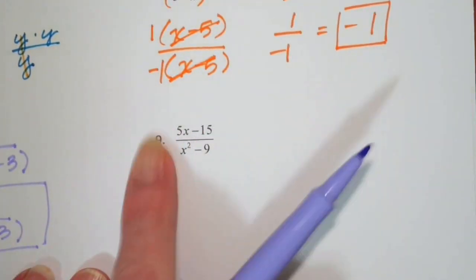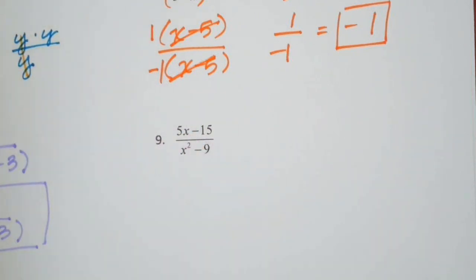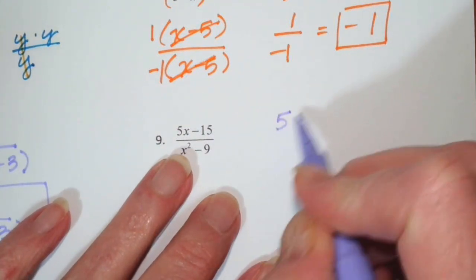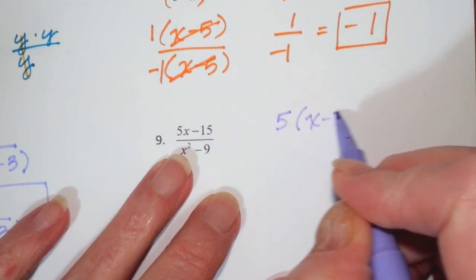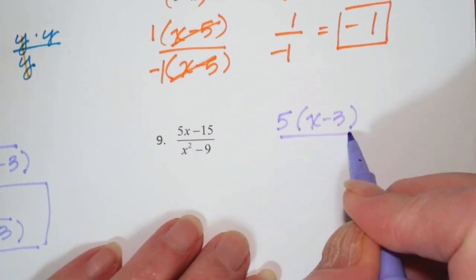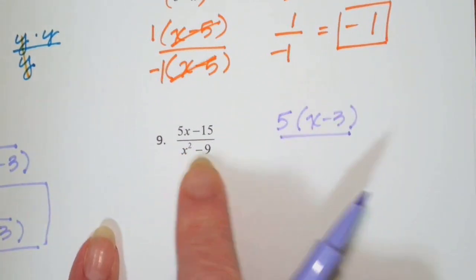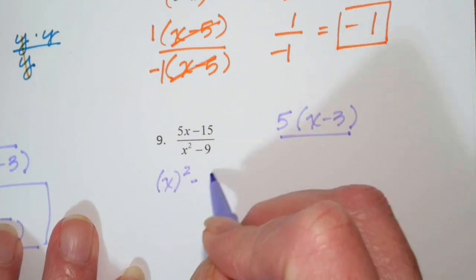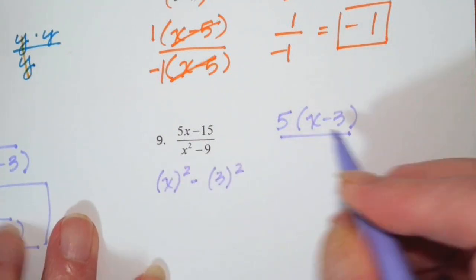Okay, so nothing I can do with this until I factor it. So in my numerator, I notice this has a common factor of 5, and I'm left with x minus 3. X squared minus 9 is a difference of squares. It's x to the second minus 3 to the second.